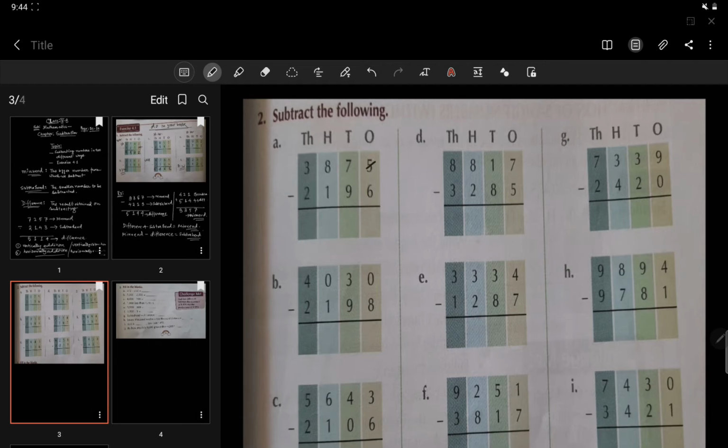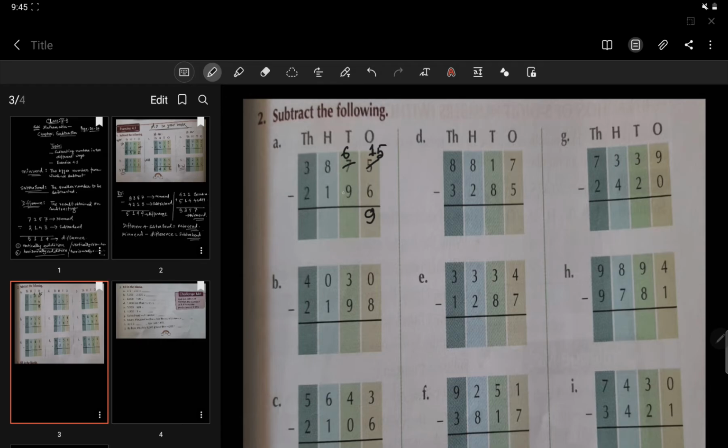So you have to write 15 here. Clear? Now 15 minus 6 is 9. Then, because you already borrowed from the tens place, it will be 6. Similarly, you have to do the same thing.